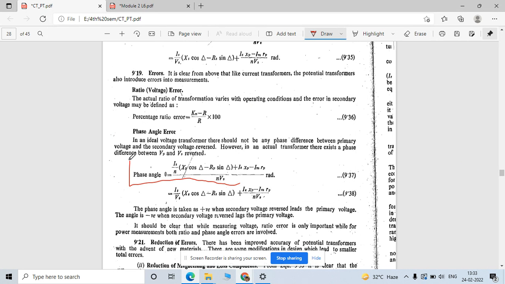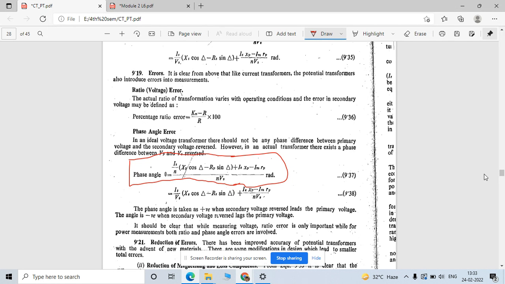Okay, this phase angle is nothing but your is by n. This is your phase angle.